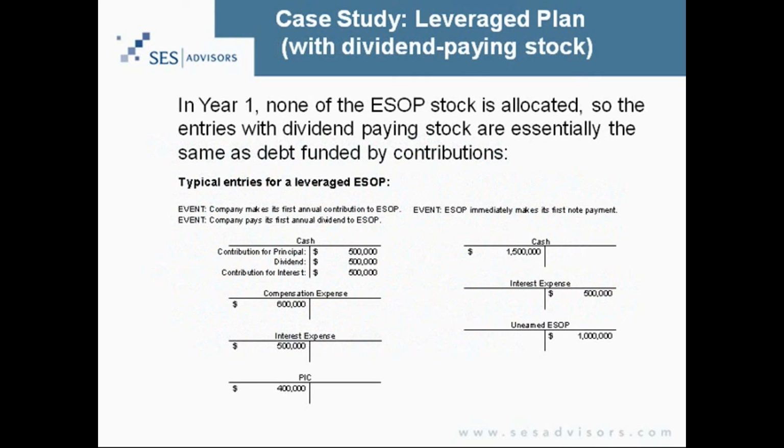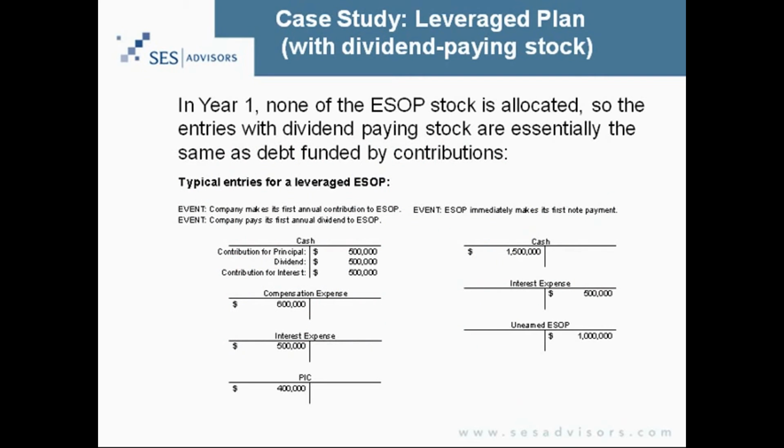So with our dividend-paying stock, our transactions and entries are not that different from the first example. But instead of making a $1 million contribution for principal, we're making a $500,000 contribution and a $500,000 dividend payment. $5 a share on 100,000 shares, $500,000 a year.